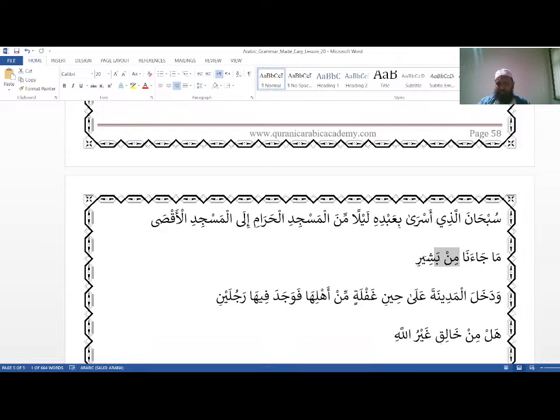Over here, because it's ma negative, you can say no bashir came to us. No giving glad tiding person came to us. No warner came to us. Bashir actually means one who gives good tidings, glad tidings, and nadhir is the opposite, who warns. So no one that gives glad tidings came to us.